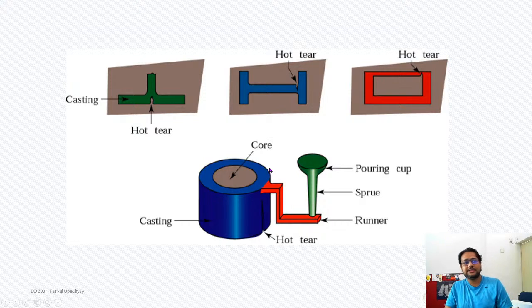Okay, and in cylindrical cavities what happens is, think about this. You poured the material, it went in, it flowed from the top to bottom, and when it cooled down, it probably started cooling, let's say, at this end.